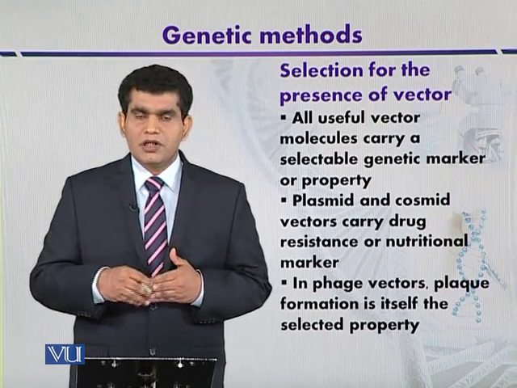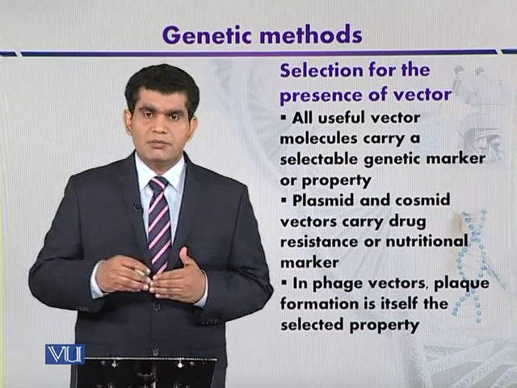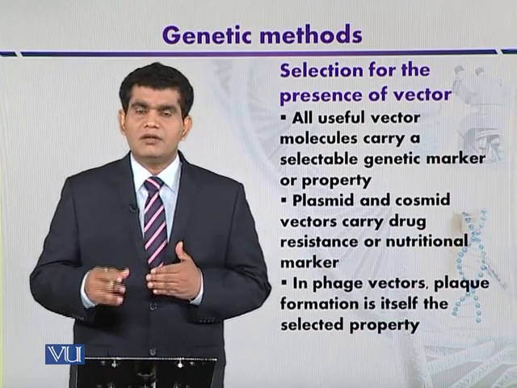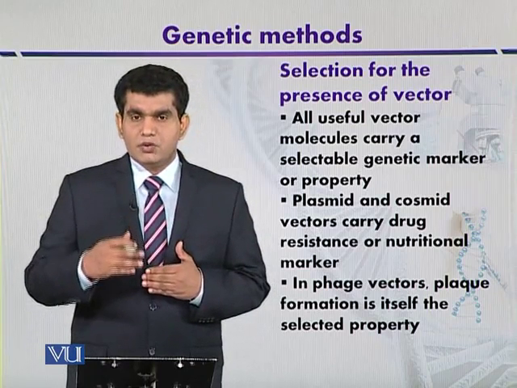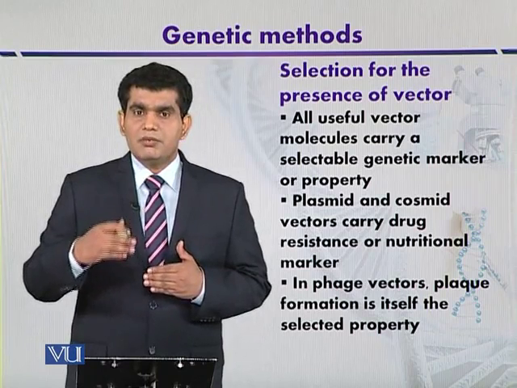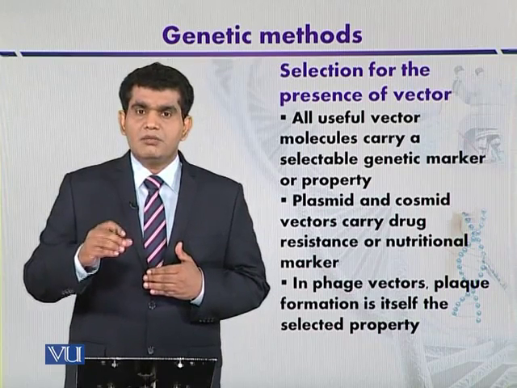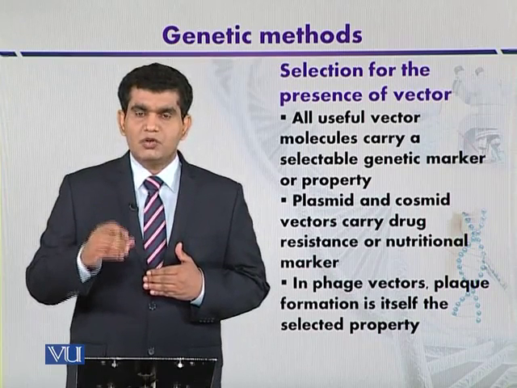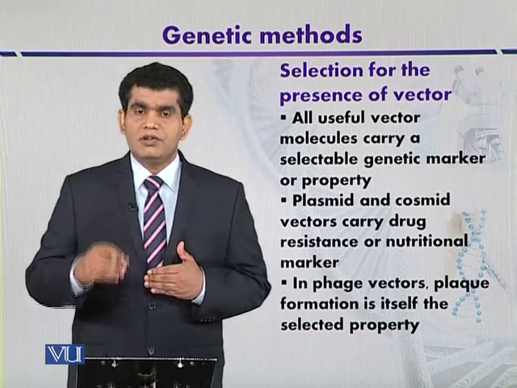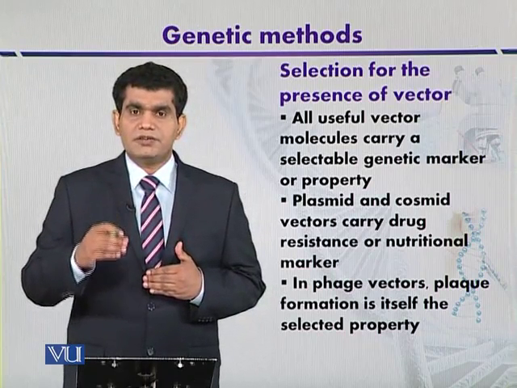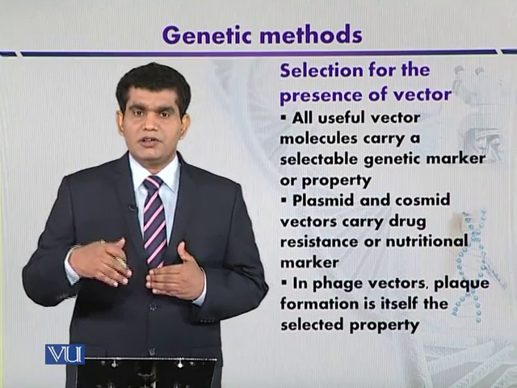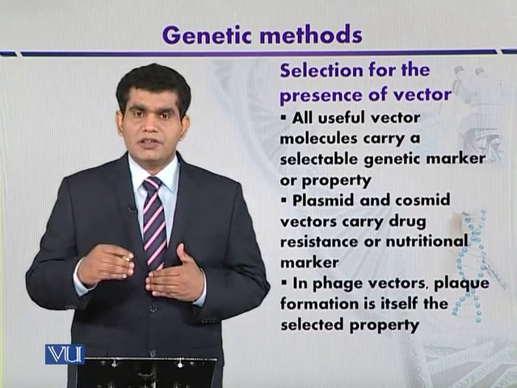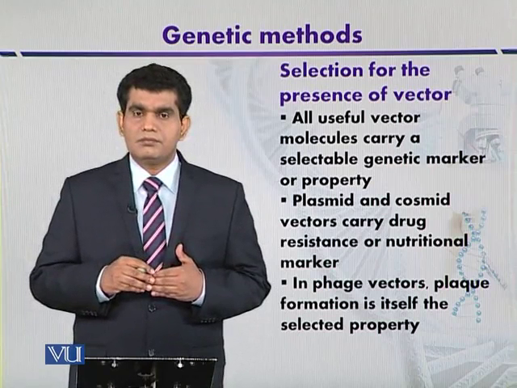Chloramphenicol can be used, ampicillin may be there, tetracycline may be there, and then the recombinants that contain our gene of choice will be able to grow on antibiotic supplemented medium. So only those microbes can survive that have resistance against antibiotics. So in this case, the antibiotic can act as a selectable marker.